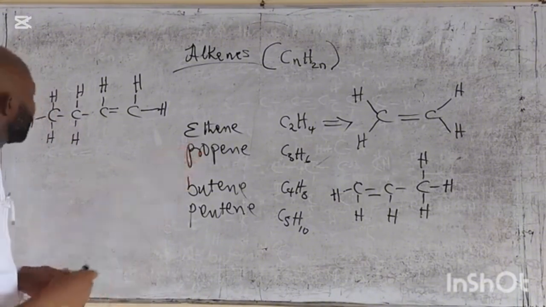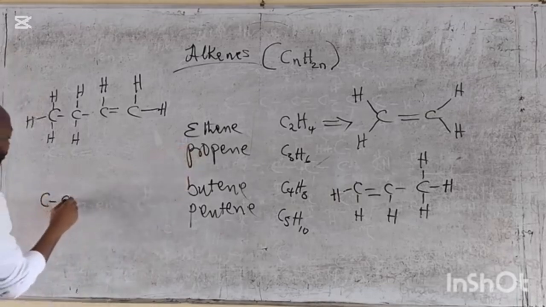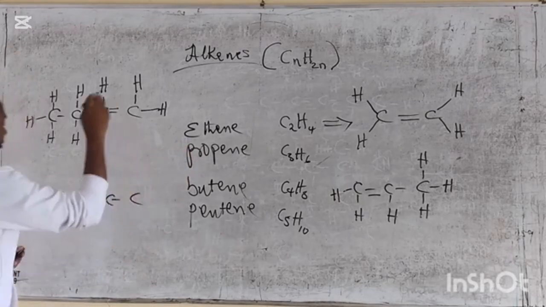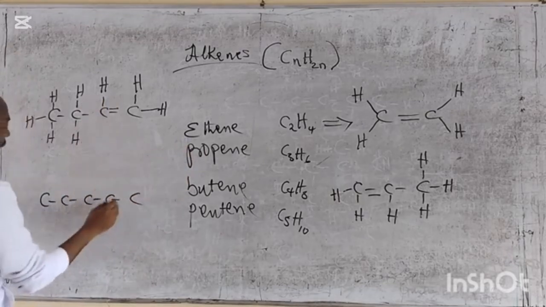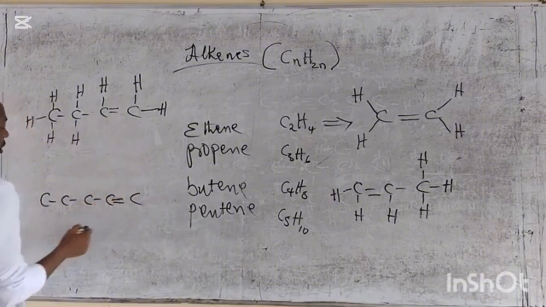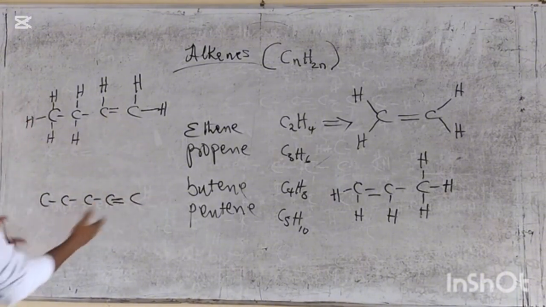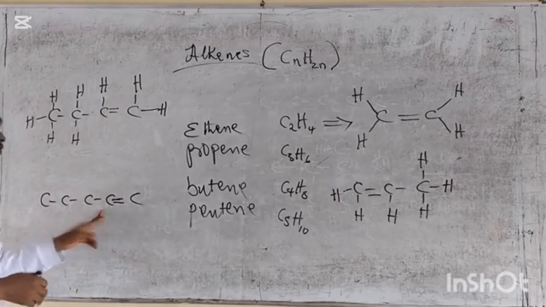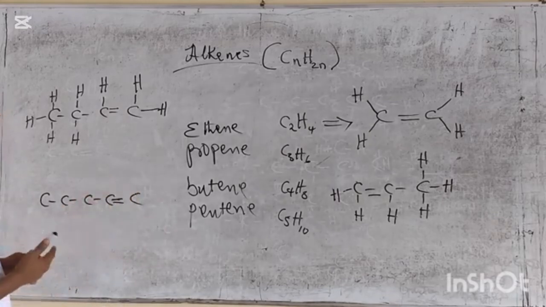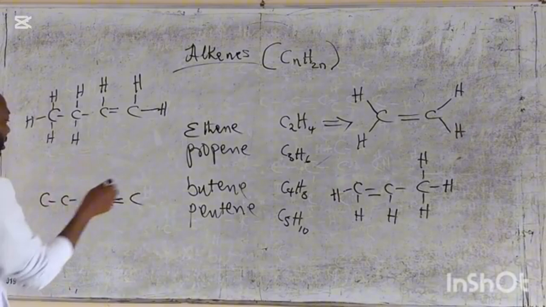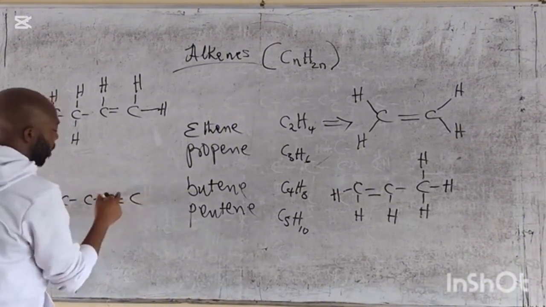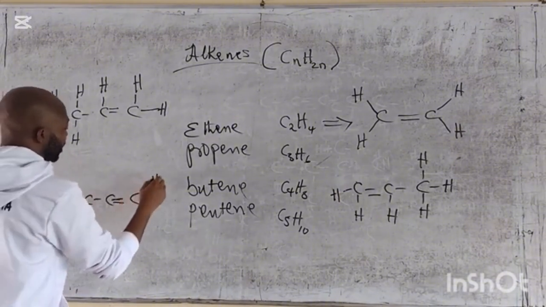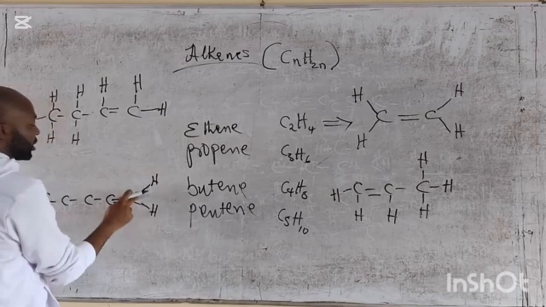Let's look at pentene, which is 1, 2, 3, 4, 5. Now I put my double bond here because it is normal, the first one, pentene, but we'll call it pentene normally. If it is here, it becomes 2-pentene. But then, let's see the hydrogen atoms, how they're going to fit in. So I have my 1, 2 here, 3, 4. This carbon is balanced.